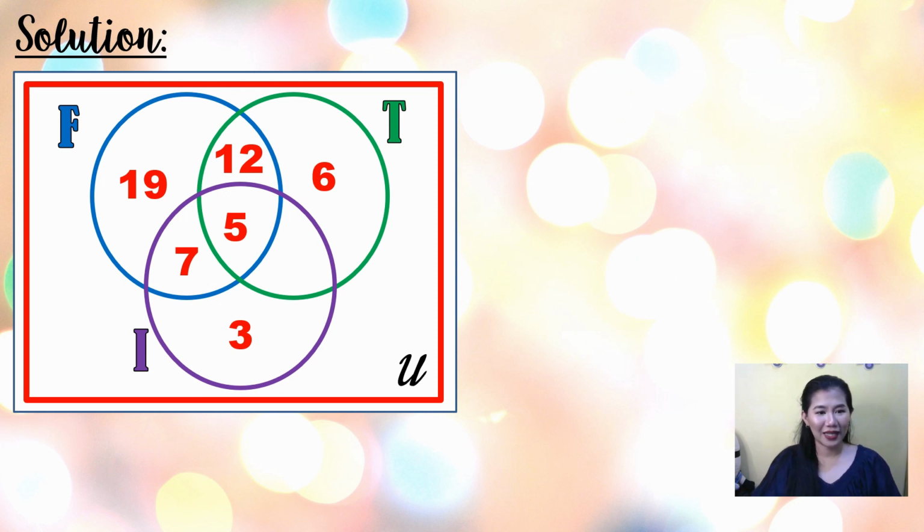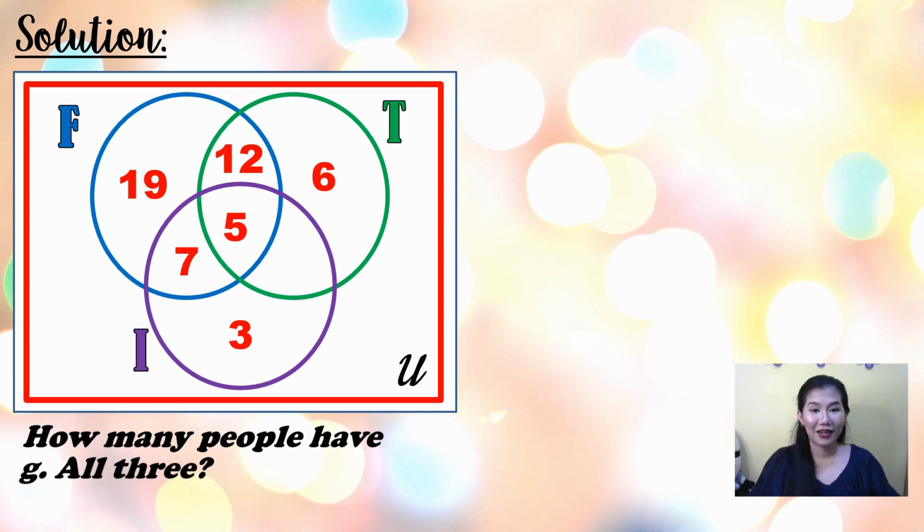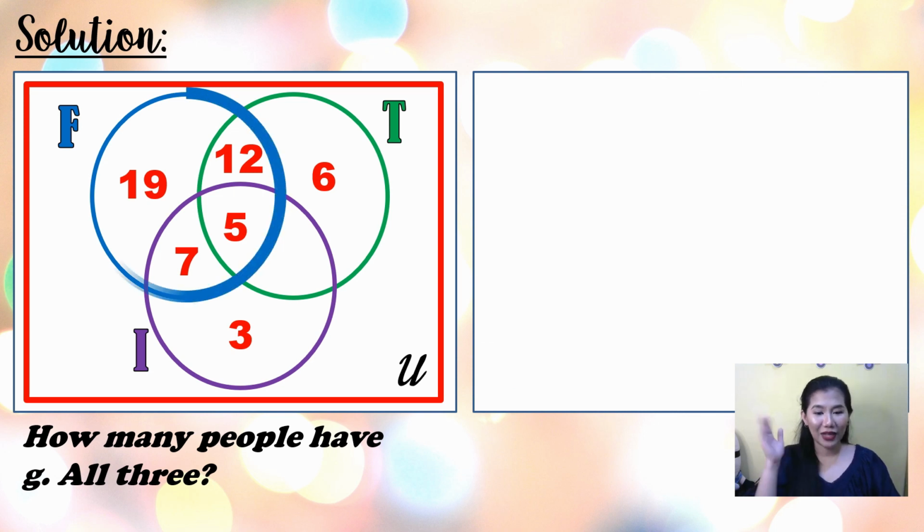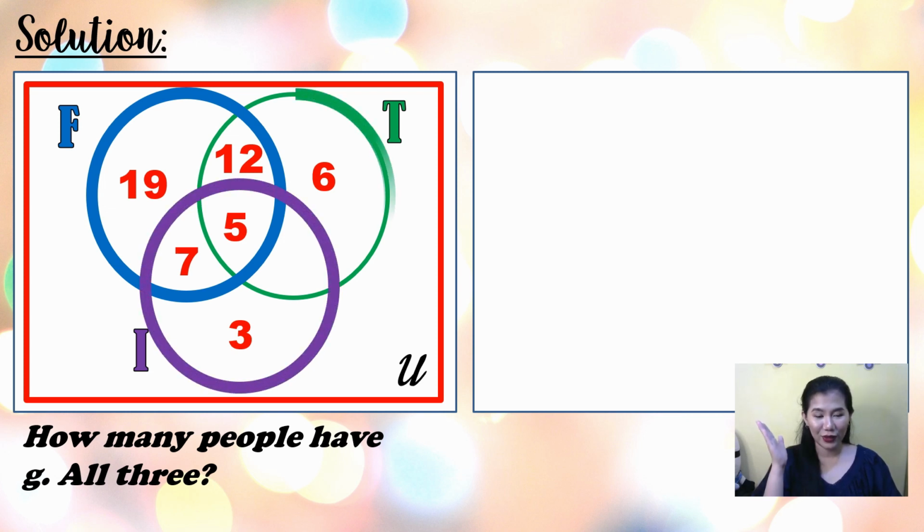Okay, so let us answer the next question. Letter G. How many people have all three? So, ibig sabihin, ilan daw yung meron na siyang Facebook, meron pa siyang TikTok, at meron pa siyang Instagram. So, lahat ng tatlo ay meron siya. Para masagot natin yon, I encircled there the blue circle for our Facebook, and the violet circle for my Instagram, and the green circle for my TikTok.